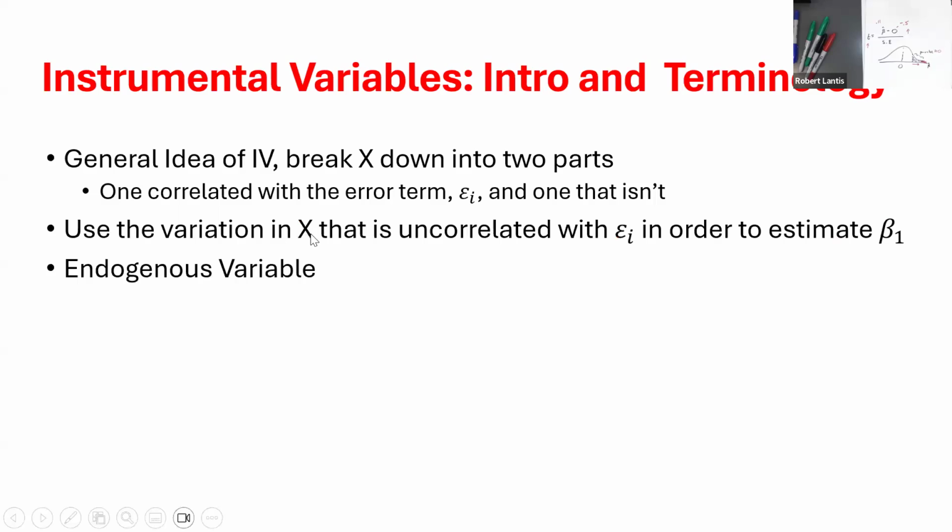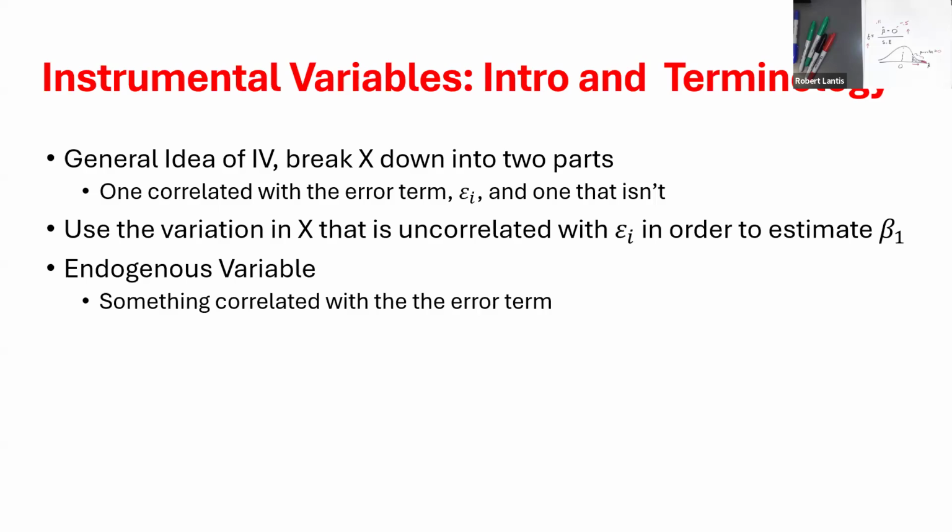Any variation in X, the variable we've included in our regression, that's uncorrelated with our error term, is really what we need to use to come up with our estimate. So we're looking for what we call an endogenous variable, something correlated with our error term. This is going to be omitted variables that we might not have in our regression. We need the instrument to be endogenous to our model, correlated with whatever's in the error term that we don't have data on.